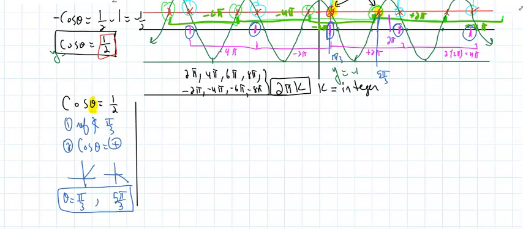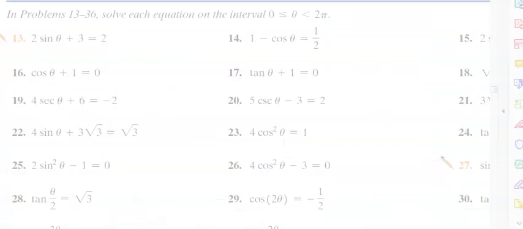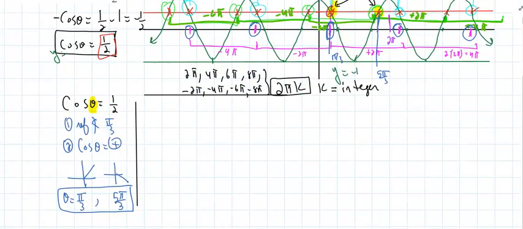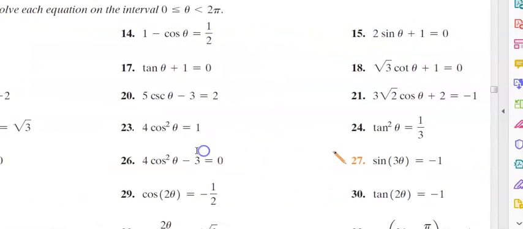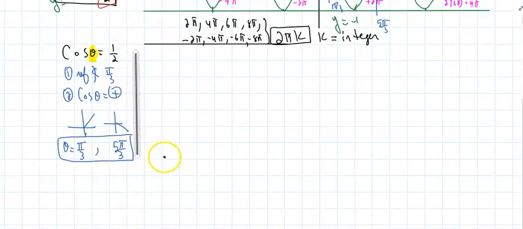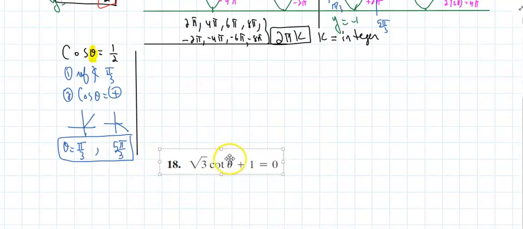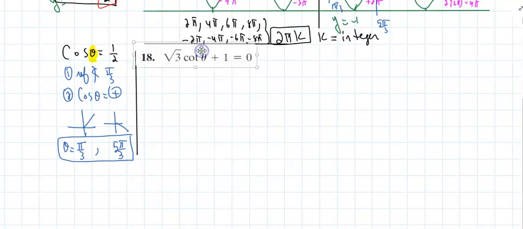So if I make a jump and look at number 18, I copy number 18 down and work this out, again, just like the last section. Remember we added an extra section to this problem.